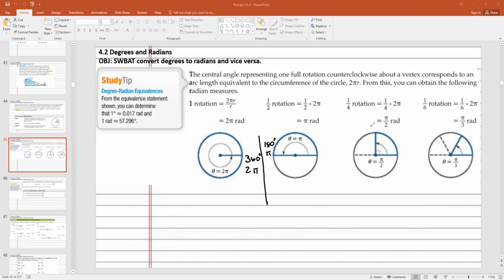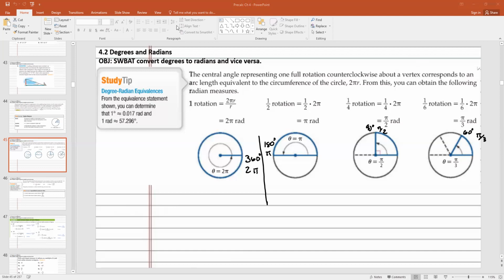A fourth of the circle is going to be 90 degrees or pi divided by 2. And this is going to be 60 degrees, and that's going to be pi divided by 3, pi thirds.